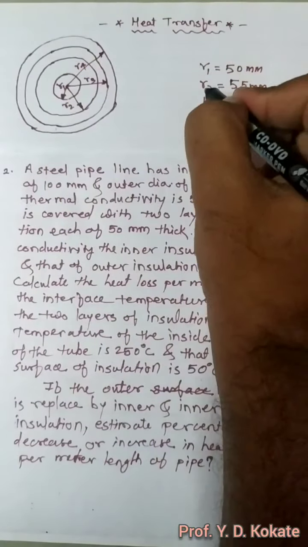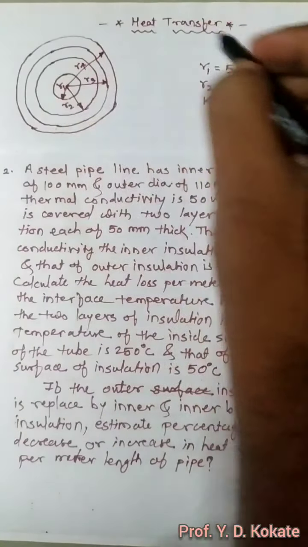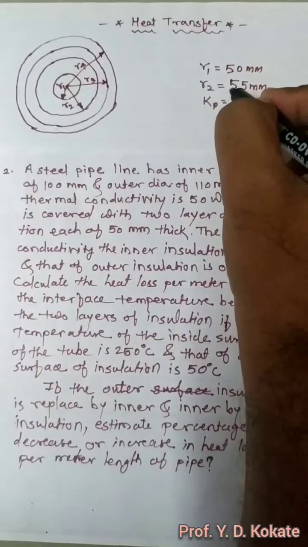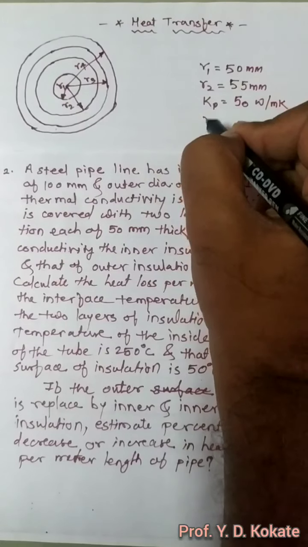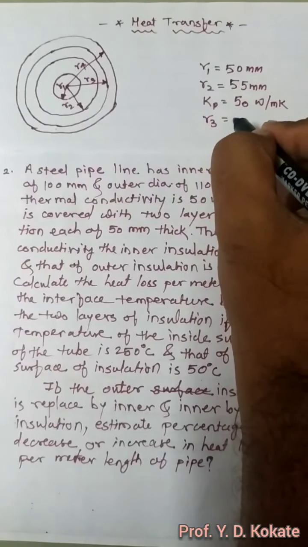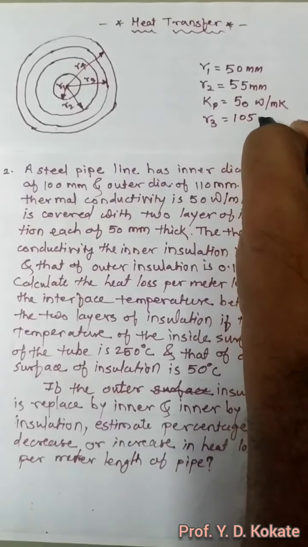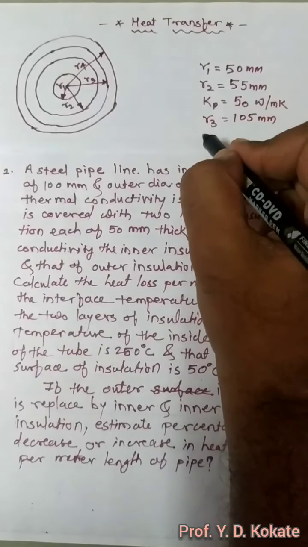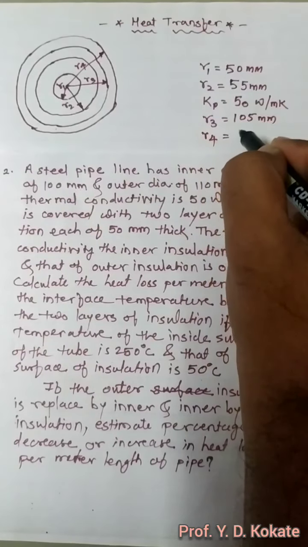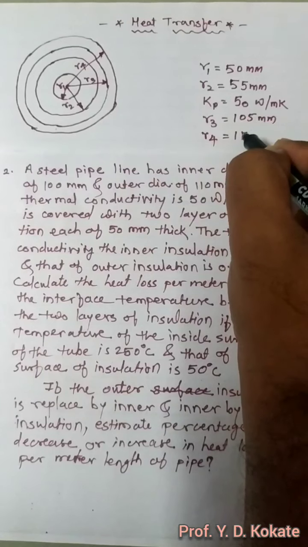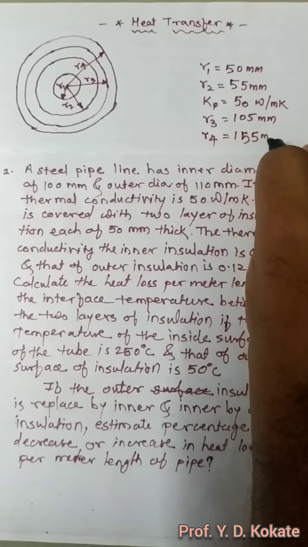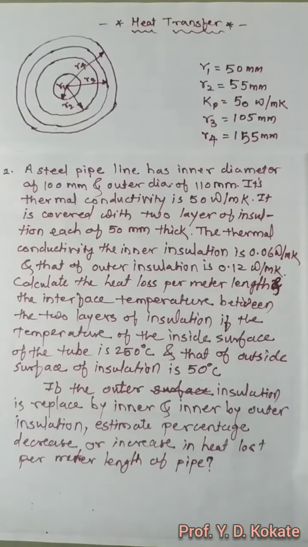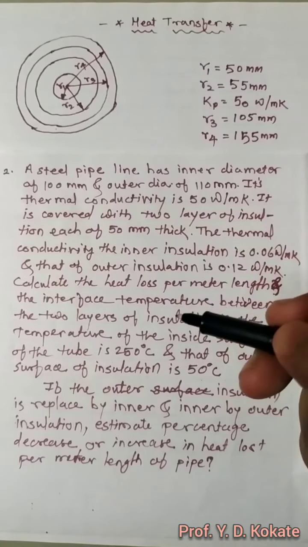R1 is 50 mm, R2 is 55 mm. Obviously this is 50 mm thickness, so I add it to R2 and I get R3, which becomes 105 mm, and R4, adding 50 again, becomes 155 mm. So I will have these four radii with us.